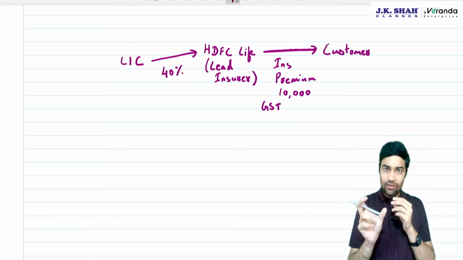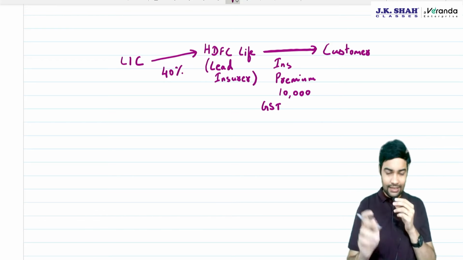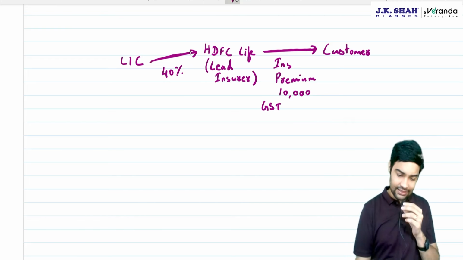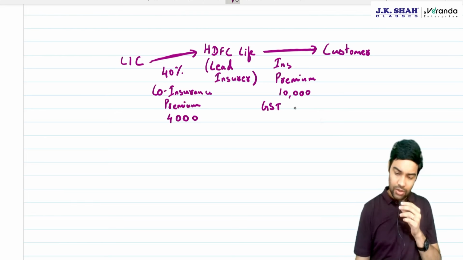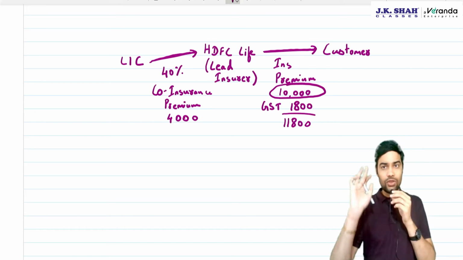Now this 40% of the premium which will go to LIC will charge HDFC. This is called as co-insurance premium. And the co-insurance premium which is charged by LIC to HDFC Life will be 4,000 because here it was 10,000 and 40% of 10,000 will be 4,000.